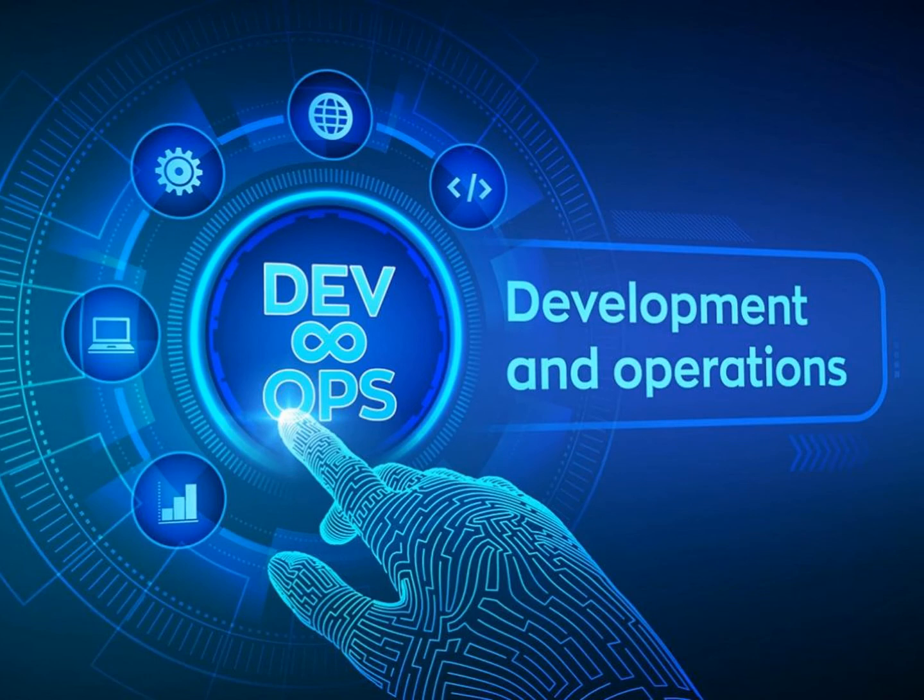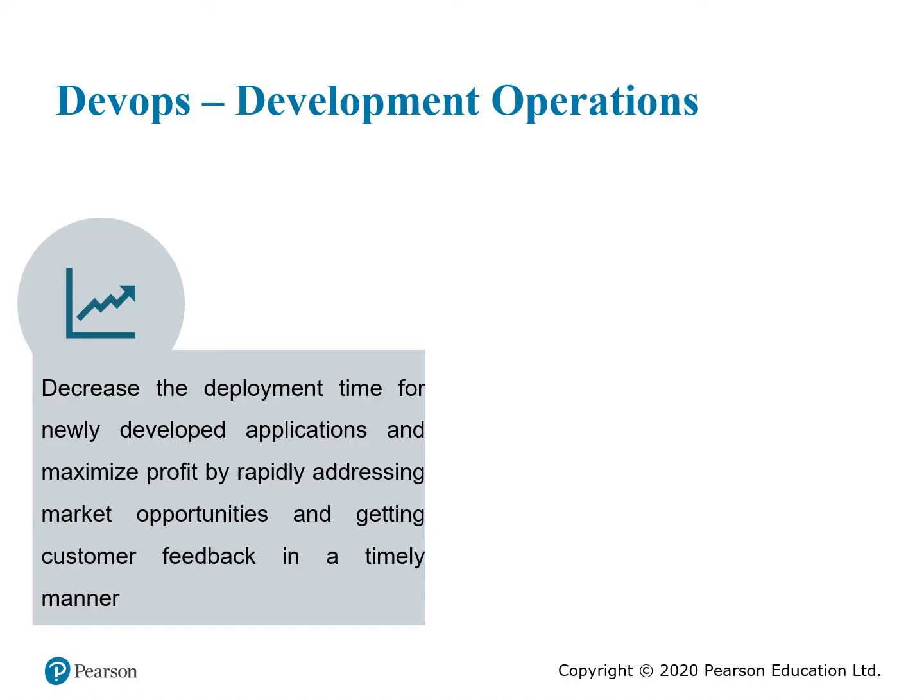DevOps is a short form for development and operations. It is a set of practices that combines software development and IT operations. It aims to shorten the system development life cycle and provide continuous delivery with high software quality.